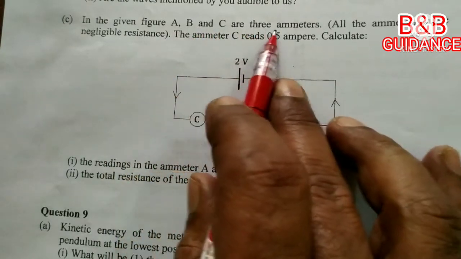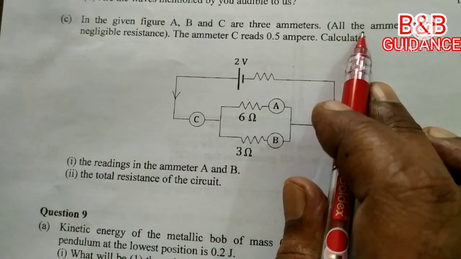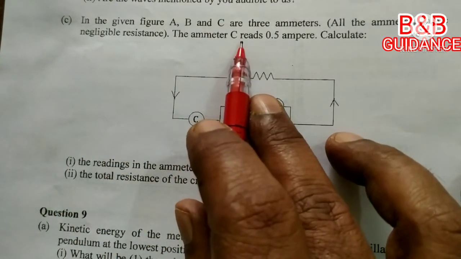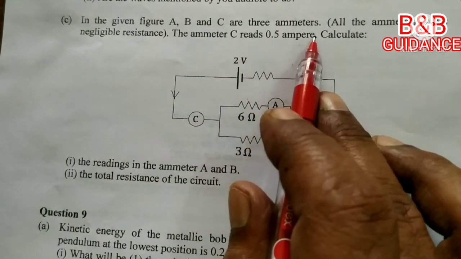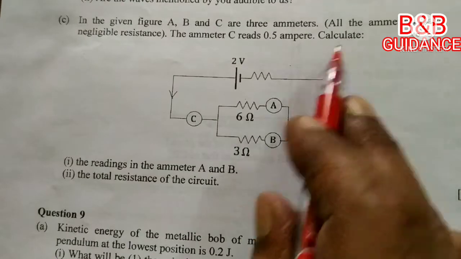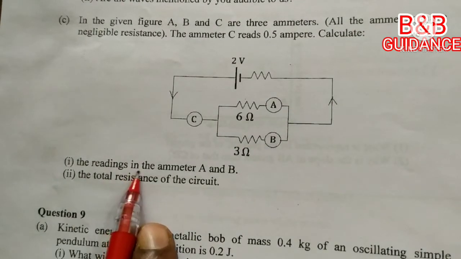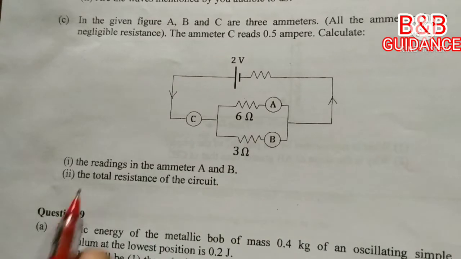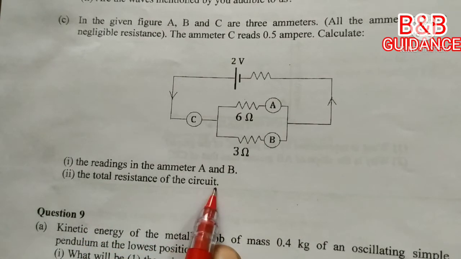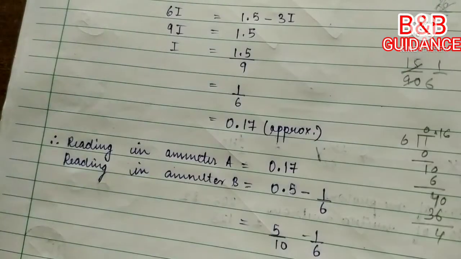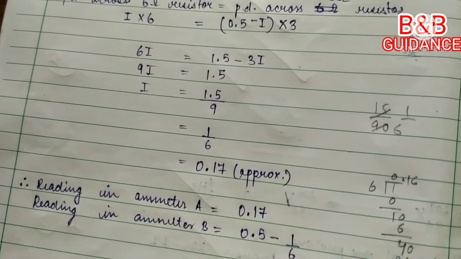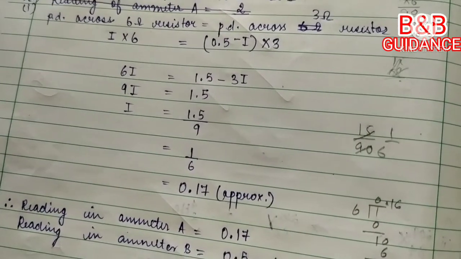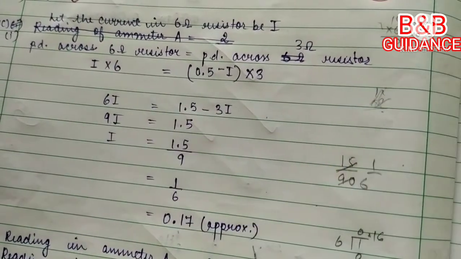A, B and C are 3 ammeters. All the ammeters have negligible resistance. The ammeter C reads 0.5 ampere. Calculate the readings in the ammeter A and B. The total resistance of the circuit. Let us see. So the child has assumed the current through the 6 ohm resistor.